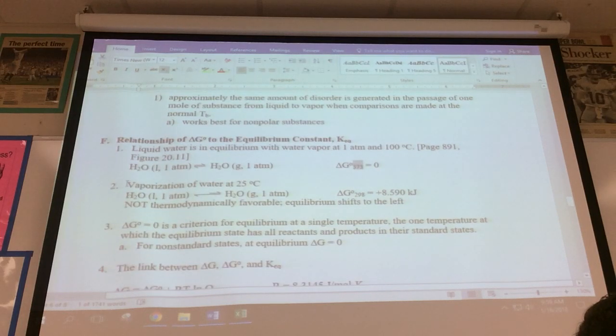If you consider vaporization of water at a lower temperature, you will find that vaporization occurs, but many more molecules will be in the liquid as opposed to the gaseous state. This is not thermodynamically favorable with a positive delta G. And what you've got here is, although this reaction is reversible, the reverse reaction is more favored than the forward reaction, hence the positive delta G.